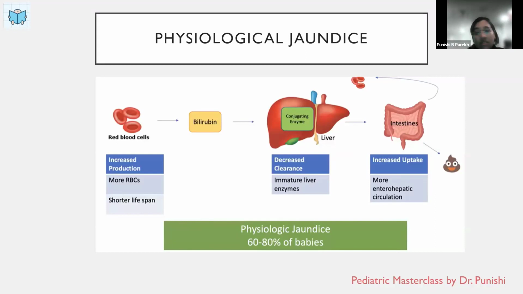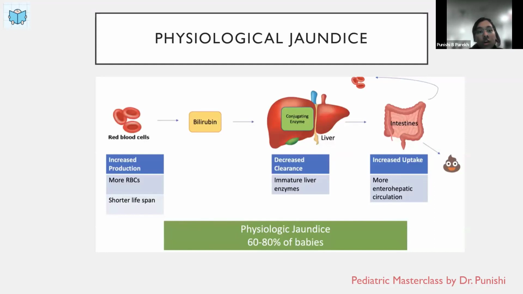We'll look at mechanisms that exaggerate this enterohepatic circulation, but these three are the main reasons why newborns are at a greater risk of jaundice. So they have more RBCs, shorter lifespan, immature liver enzymes causing decreased conjugation, and increased enterohepatic circulation.